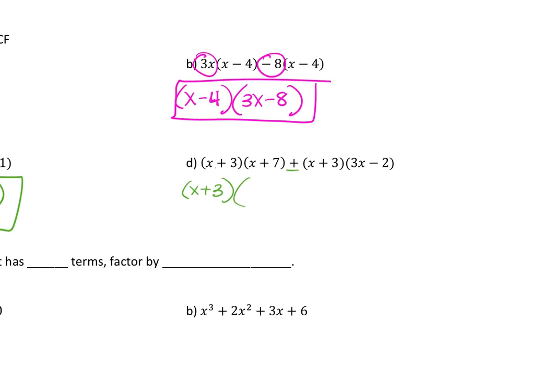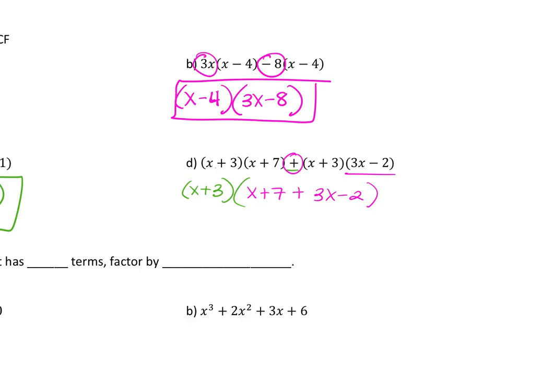On this one, we're left with more. We're left with two binomials. So we would take the x plus 7 and add the 3x minus 2, right? So now you're going to be adding the two binomials that you're left with.